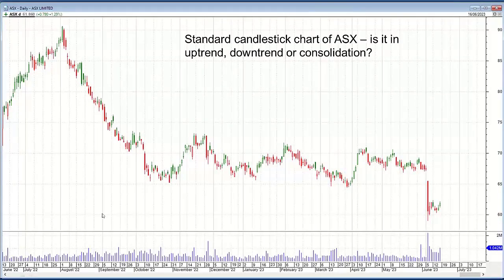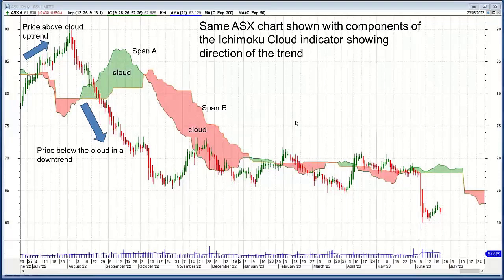Okay, so here's your standard candlestick chart of the ASX. Just looking at that, can you tell whether it's in an uptrend, downtrend, or consolidation? Maybe, depending on your time frame and the context of this chart. But what about that? This clearly shows we've got price above the cloud, uptrend, price below the cloud, downtrend. We've got a strong downtrend because it's a long way from the cloud. And as the cloud flattens out, span B gets very horizontal.